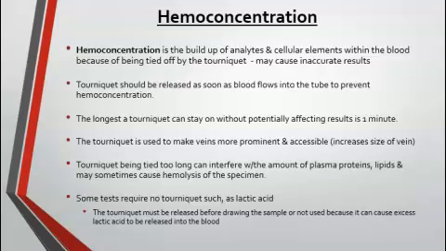So we just overall don't want to leave the tourniquet tied on too long. Some samples even require that you don't use a tourniquet or the tourniquet be released right before you collect the sample. And an example of that would be your lactic acid, because you don't want lactic acid to be built up and collected in the sample.